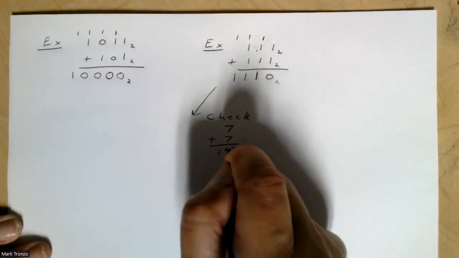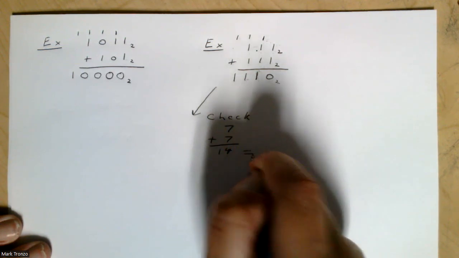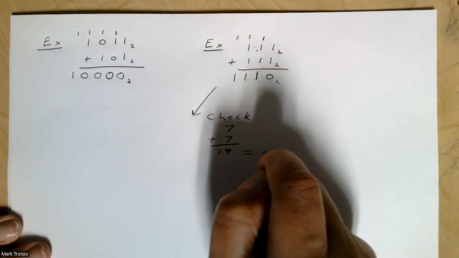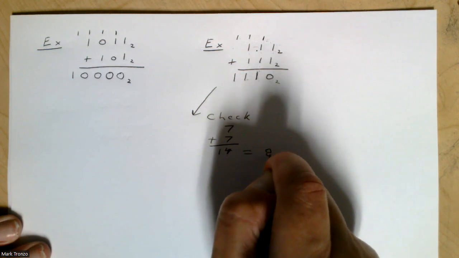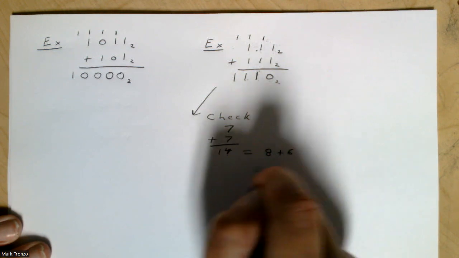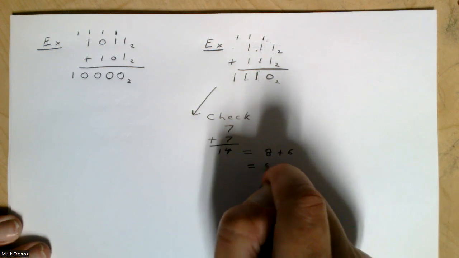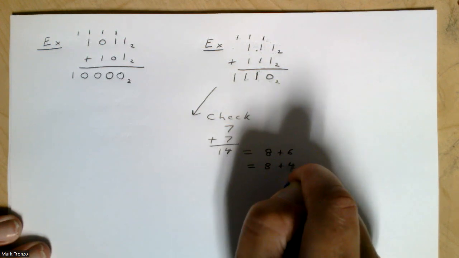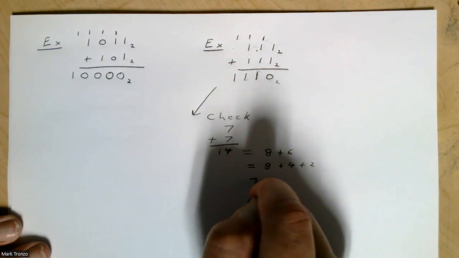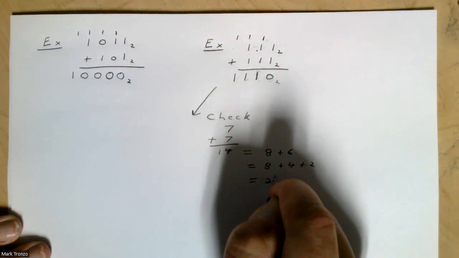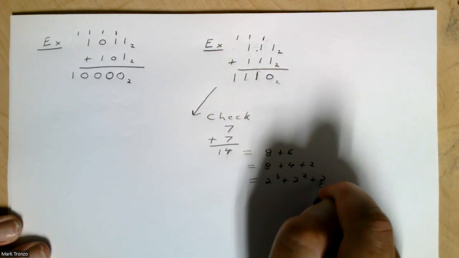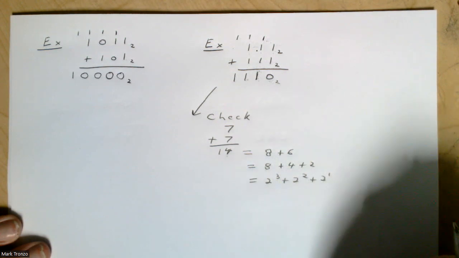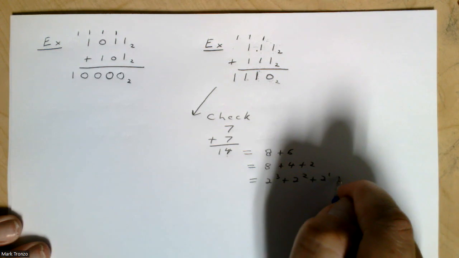Now let's convert the 14 back to binary numbers. So again, that 14 is going to be an 8 plus 6, 8 plus 4 plus 2. So that's going to be what? 2 cubed, 2 squared, 2 to the first power. And there's no 1 there.